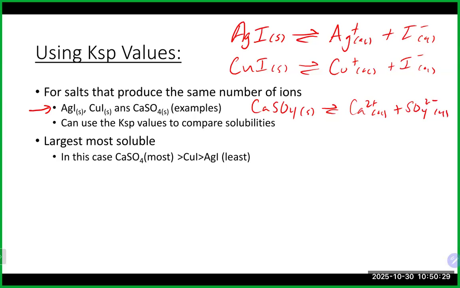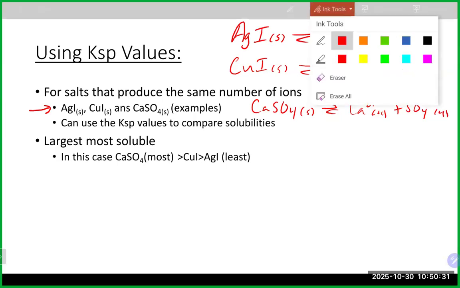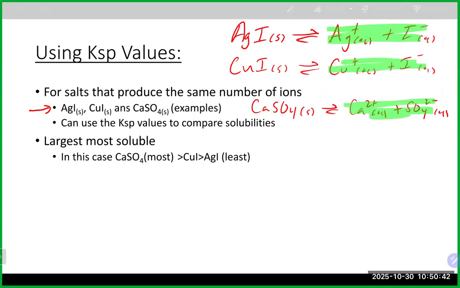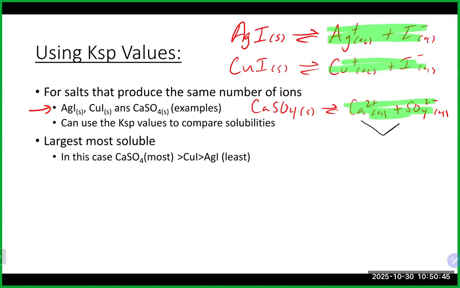Now, what each of these basically shares in common is how many ions they break apart into. So every one of these salts, when they do break apart in solution, they all break apart into the same number of ions. And because of that, the math that you would do for each of these is going to be identical.